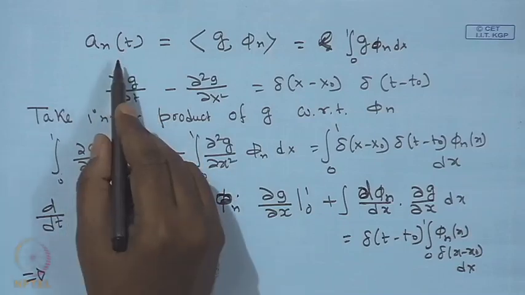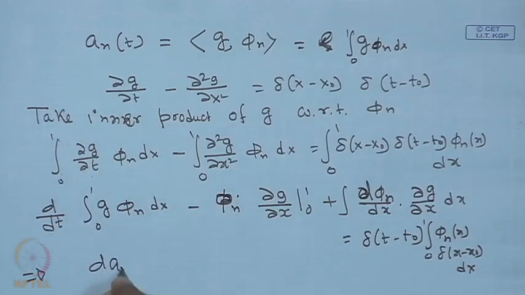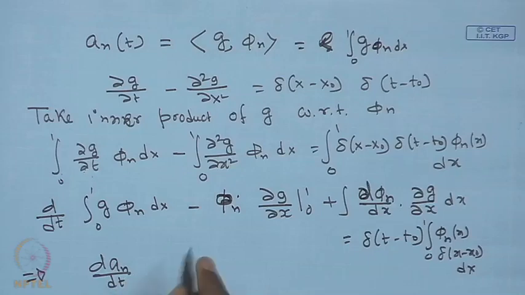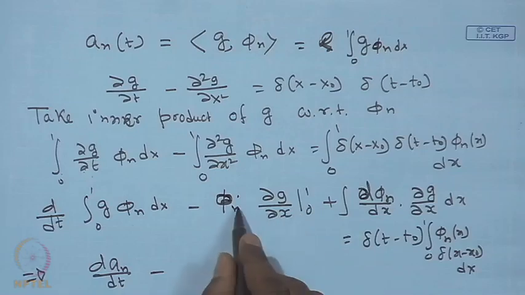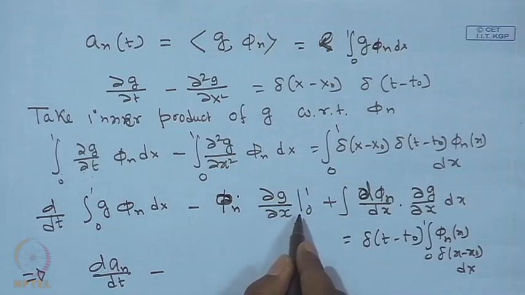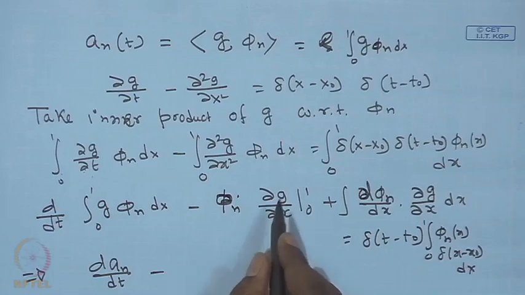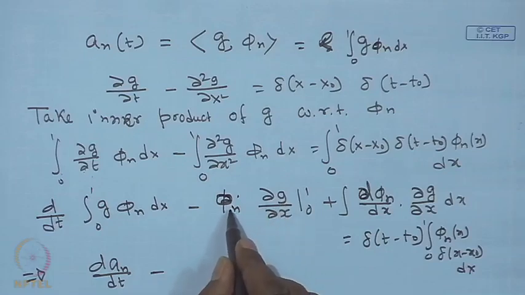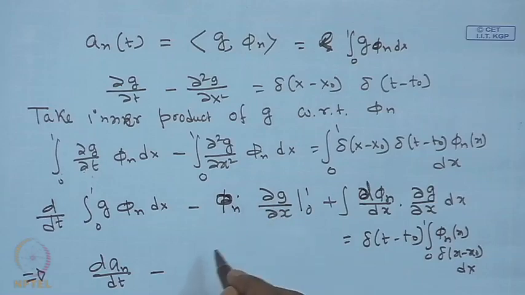Since a n is a sole function of t, we will have d a n dt minus, okay, phi n at x equal to 1 is 0, and phi n at x equal to 0 is also 0, because the boundary conditions on phi n are homogeneous. Therefore, after putting the limits we get a 0 contribution out of this.